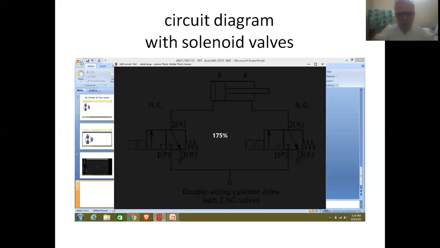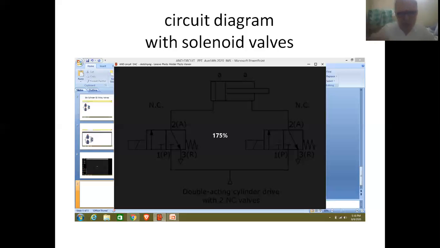And similarly, same arrangement is made in the case of second DC valve also. So here also we can identify the three ports. This is the inlet port of the second DC valve. And here we have the outlet of the DC valve, and this is the exhaust of the DC valve.